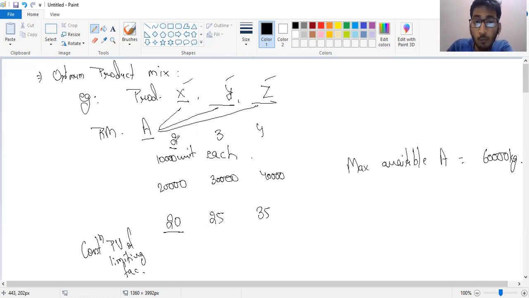So for 1 unit of A, what would be the contribution? It is simple mathematics: 20 divided by 2.